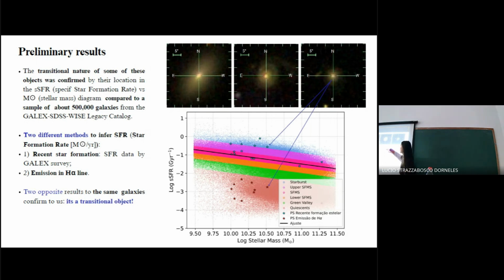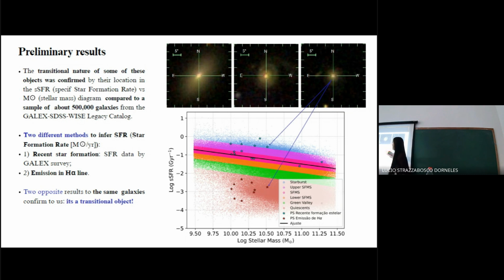Here we have galaxies with different symbols: high star formation rate, low star formation rate. And our post-starburst galaxies are these star points here.